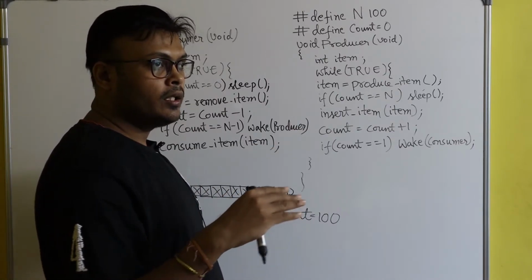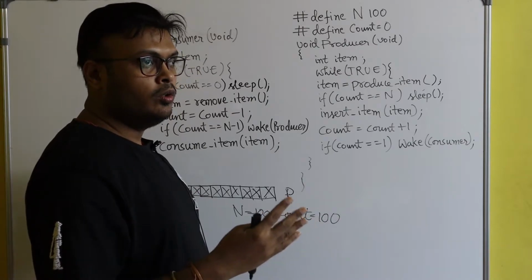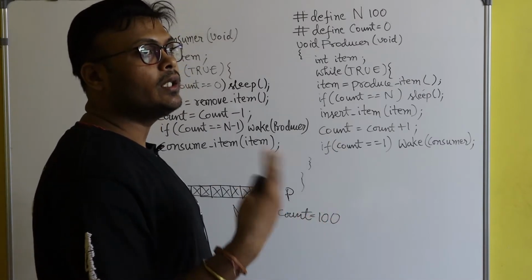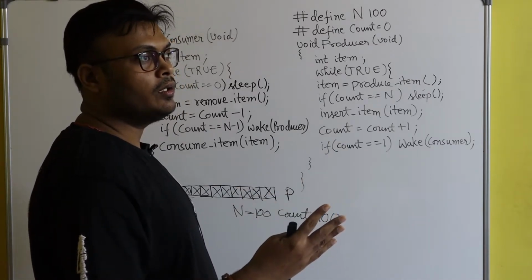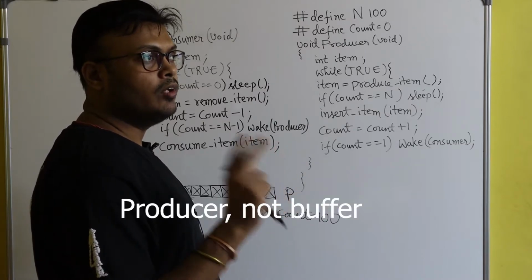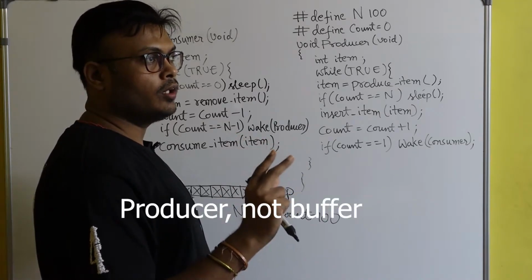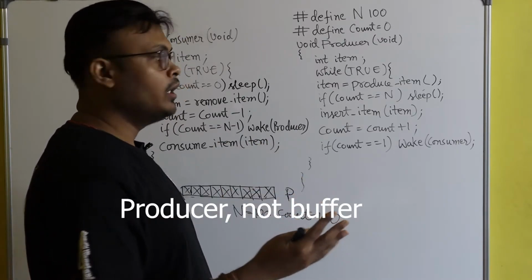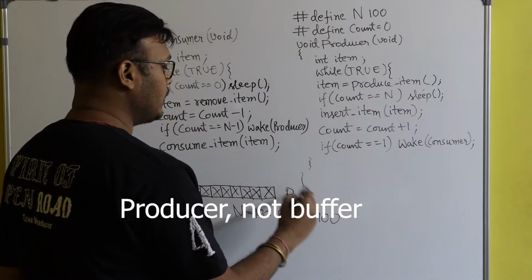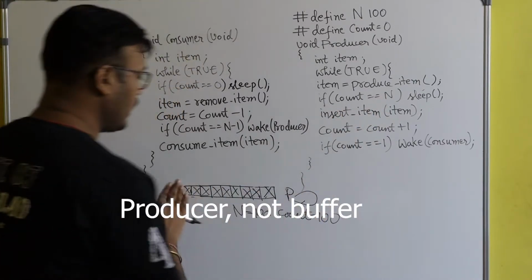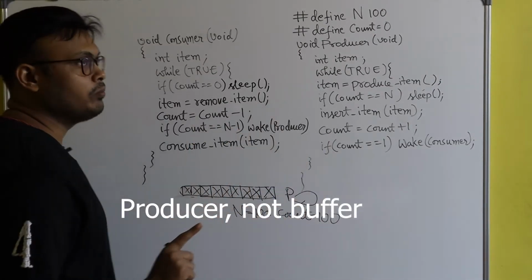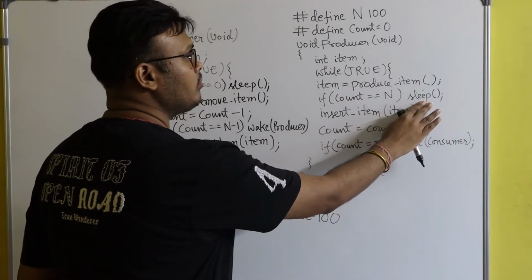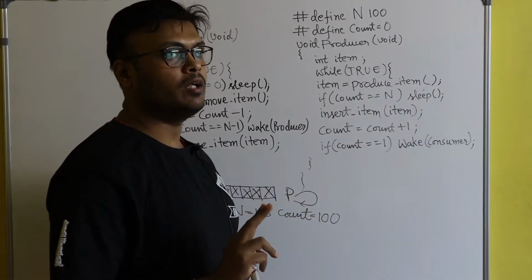Rather than continuously waiting to get an empty slot inside the buffer, the producer will go to sleep. It will not wait continuously for the buffer to become empty. So you see how this sleep system call has eliminated the busy waiting problem.